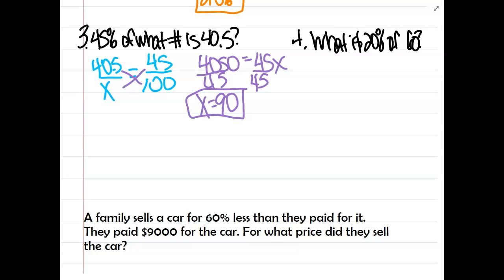What means x. Is means equals. Instead of 120, 1.2. Of means multiply 60. So you're going to take 1.2 times 60 and you would get 72.